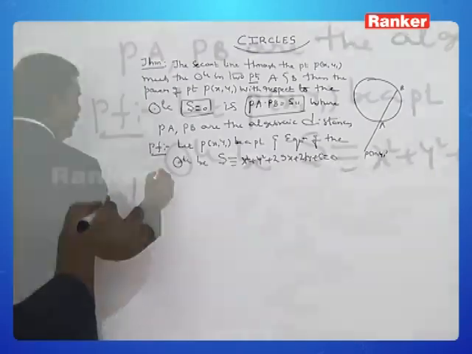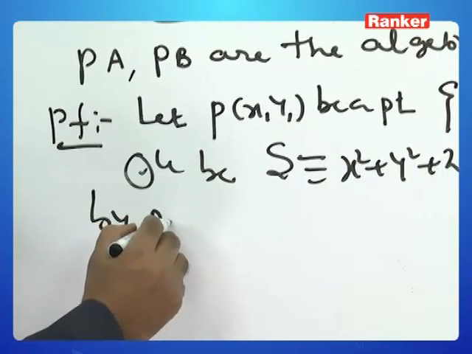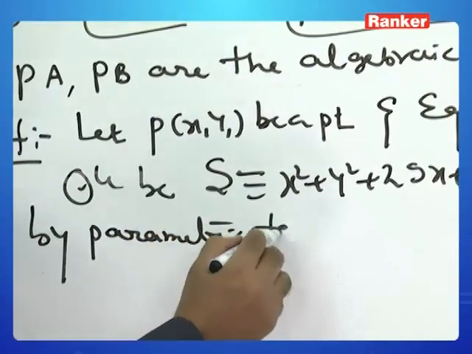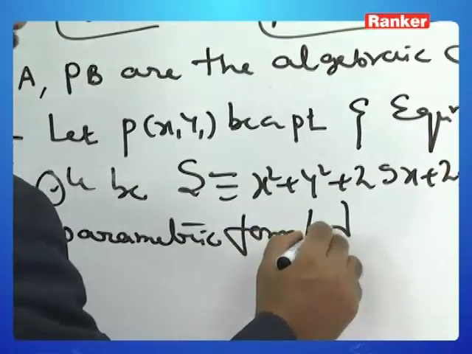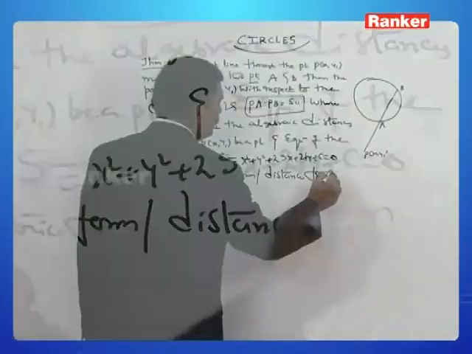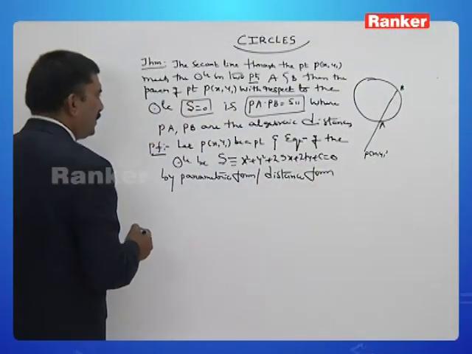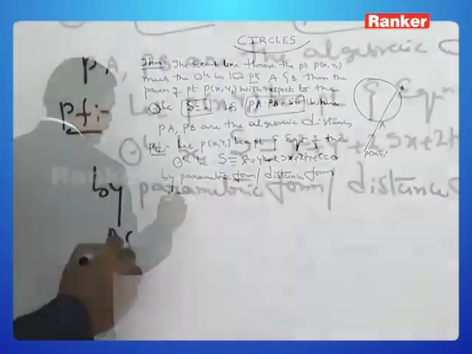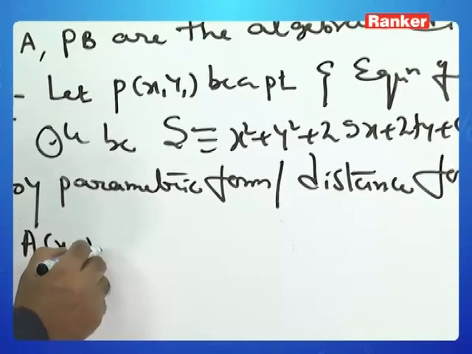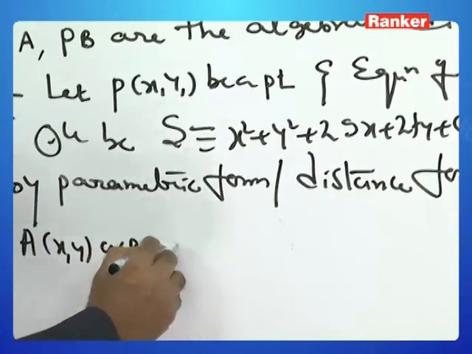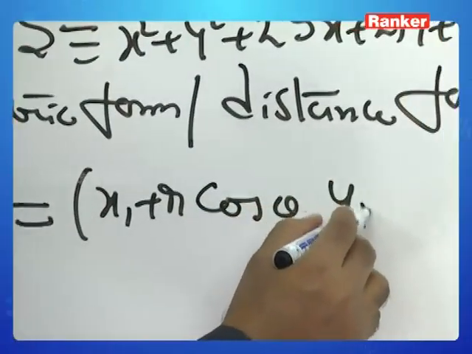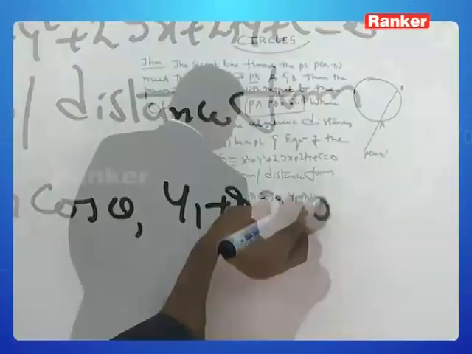Now, by parametric form or distance form, A of x comma y, A or B is equal to x1 plus r cos theta, y1 plus r sin theta.